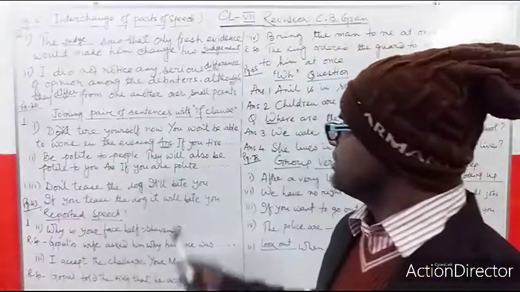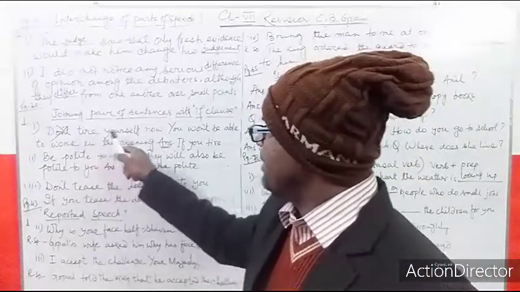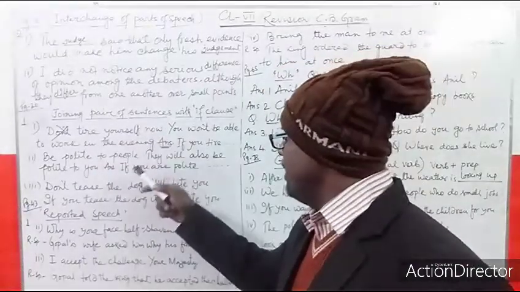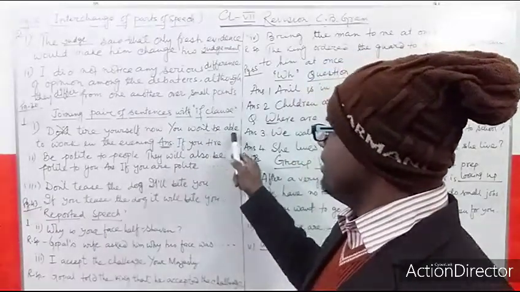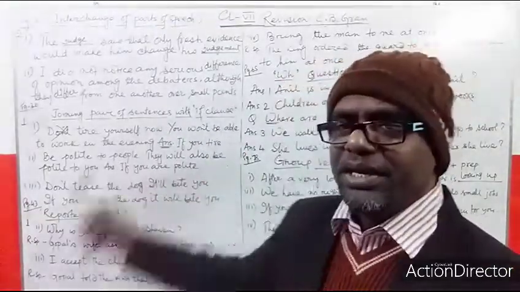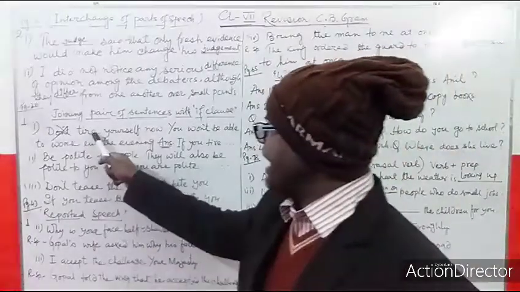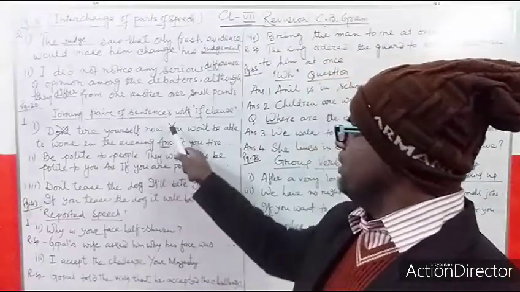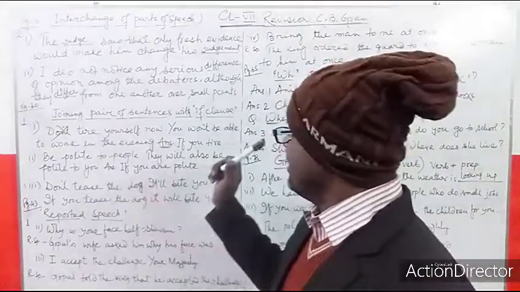And you need to write what? "If you tire." Tire is here. "If you tire yourself now," comma, "you" will be small. "You won't be able to work in the evening." This will be a complete single sentence. Okay? So, "If you tire yourself now, you won't be able to work in the evening."